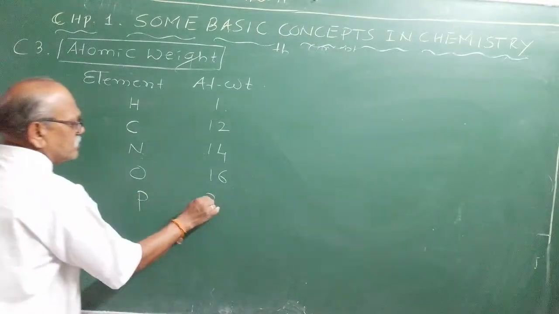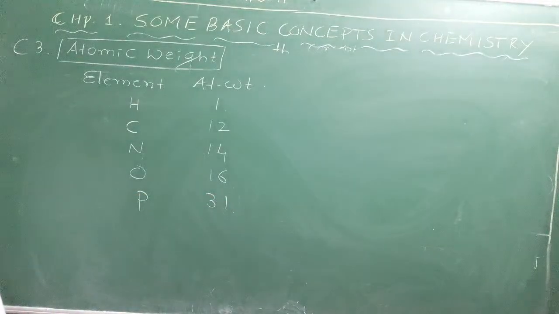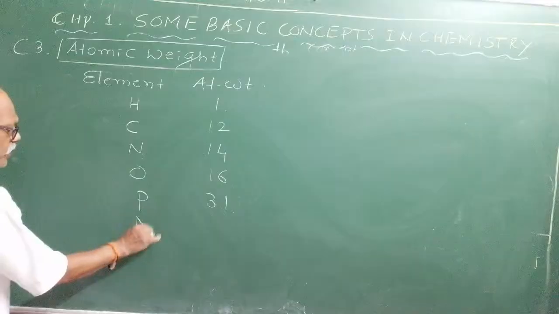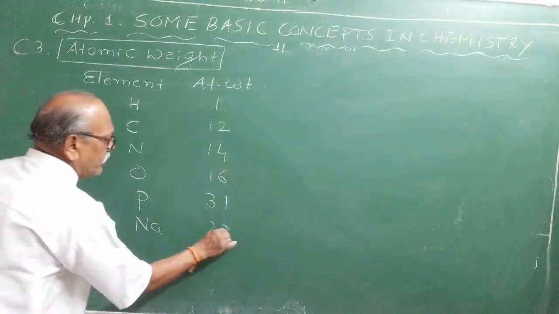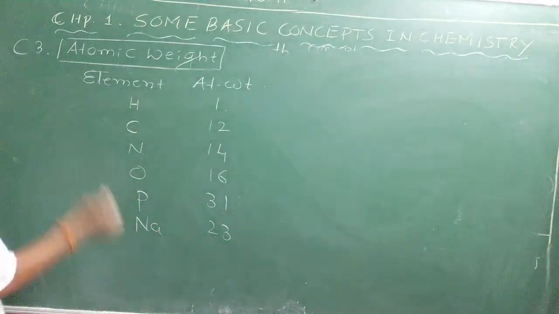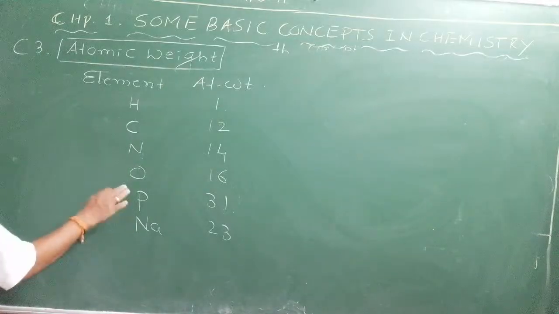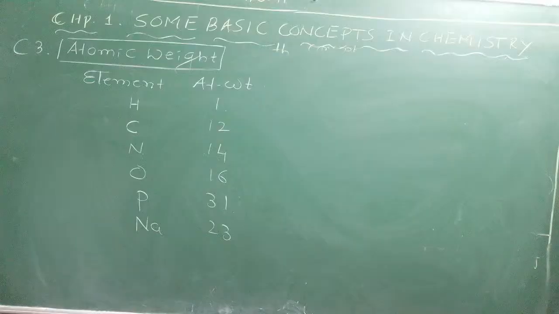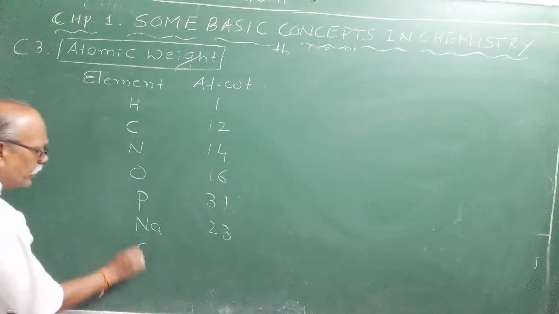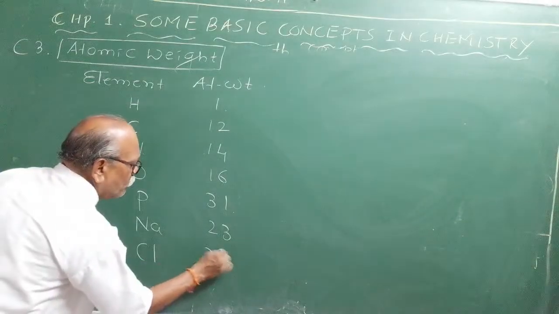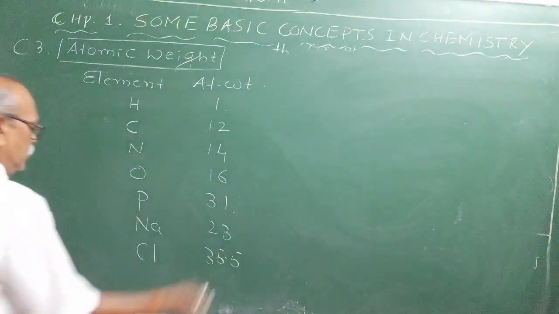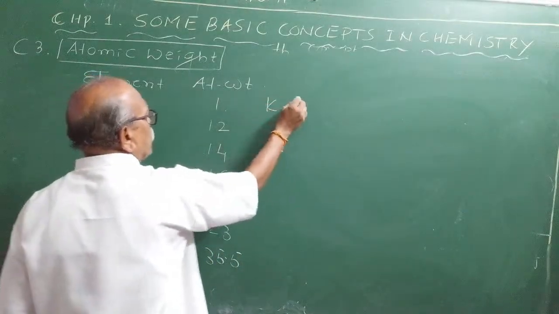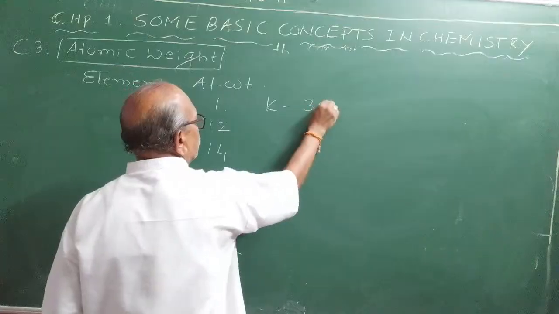Phosphorus is taken as 31. Sodium atomic mass is taken as 23. Some of them you have to memorize because they are needed for calculations. Chlorine is taken as 35.5 and potassium is taken as 39.